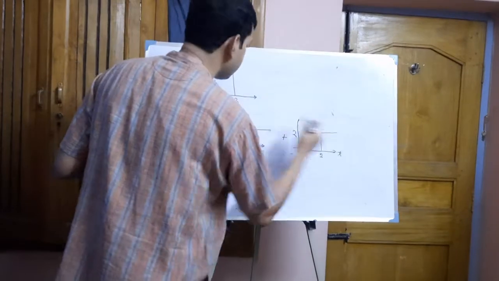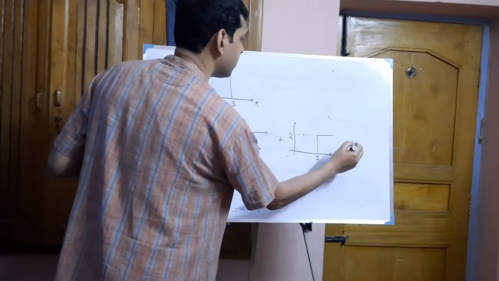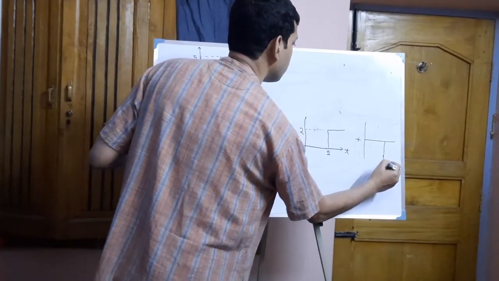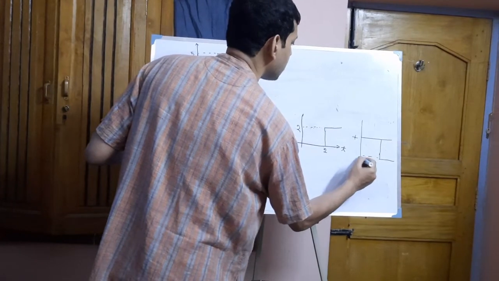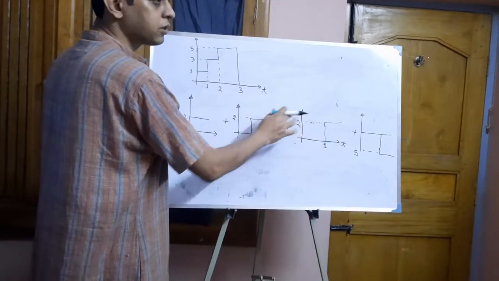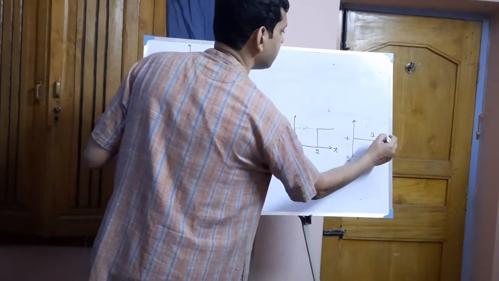Now after t equal to 3, nothing is there. So after t equal to 3, 5 must be subtracted from this sum. So this is equal to from t equal to 3.